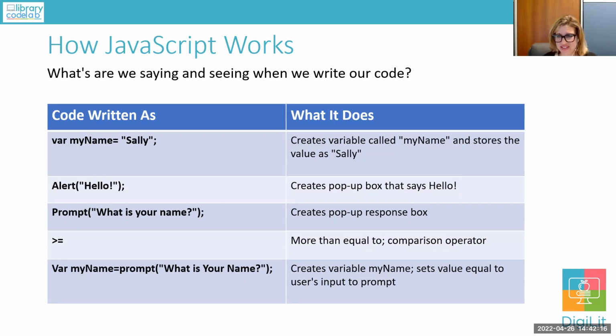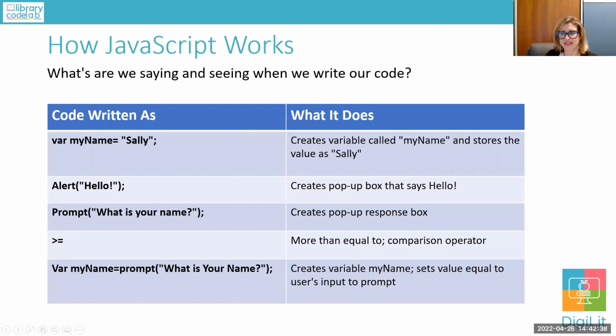So basically, that's just asking questions about our variables and writing code that's going to make a different thing happen depending on what the answer to the question is. Again, we'll be using this in our final project, so pay attention to that greater than or equal sign.